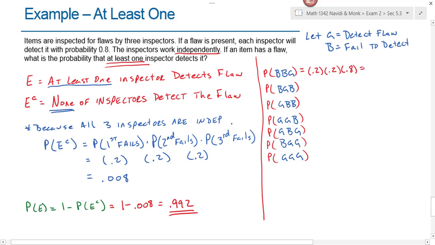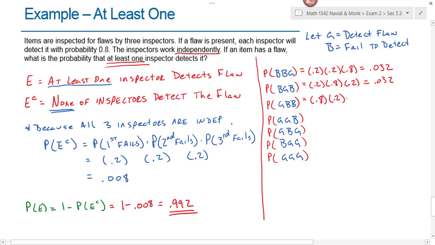And when I multiply 0.2 times 0.2 times 0.8, I get 0.032. And I am going to need somebody with a calculator to double check my arithmetic for me. I know if that number's right, this number's going to be right as well, because multiplication commutes. That's still 0.032.